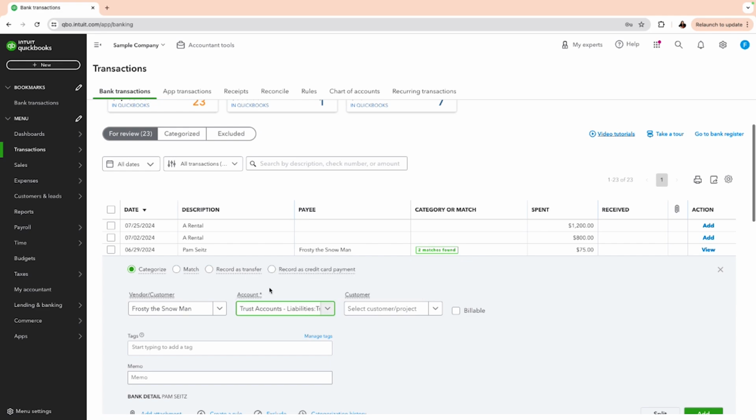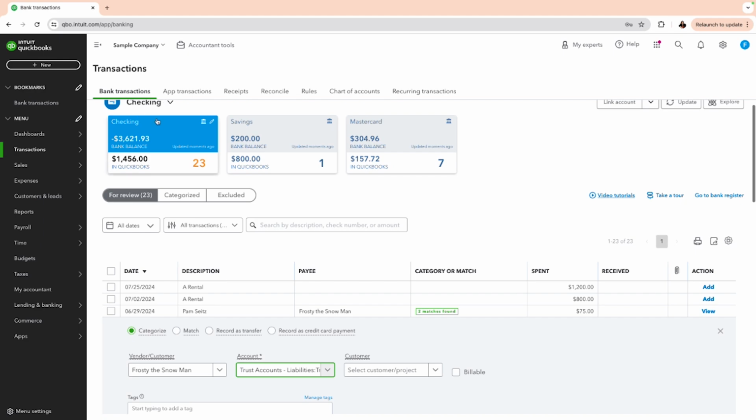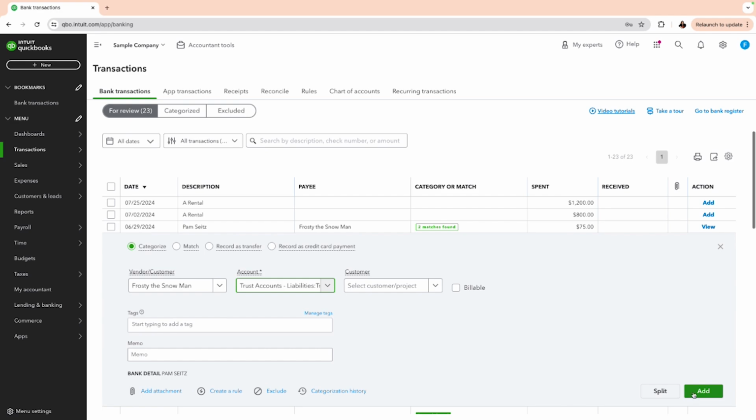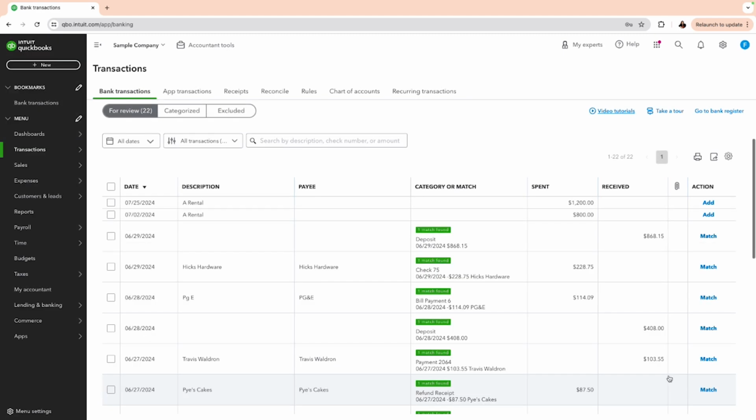trust liability. Okay, trust account Frosty the Snowman. So it's already created. I'm saying that I'm taking this money out of the trust. Now this is from the trust account. Like I said, pretend that this is the trust account. So this is the money that I'm taking out of the liability because it's going to be converted to income.